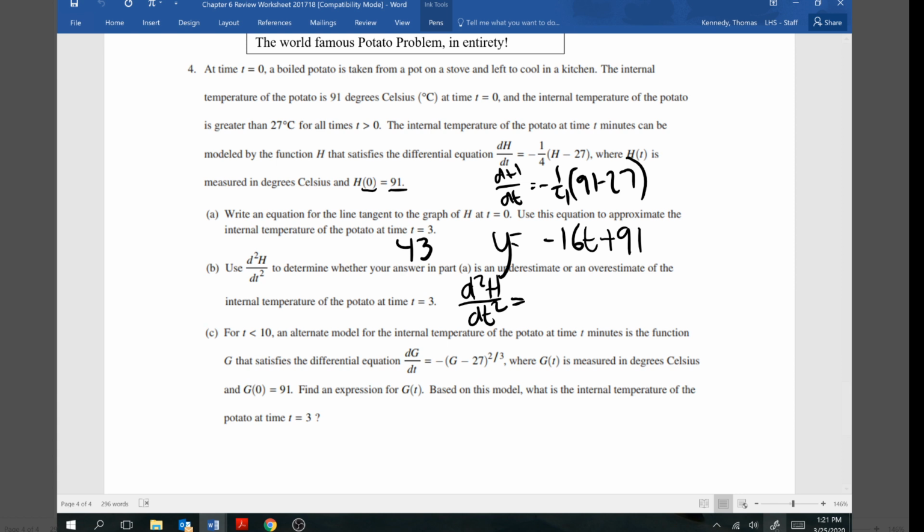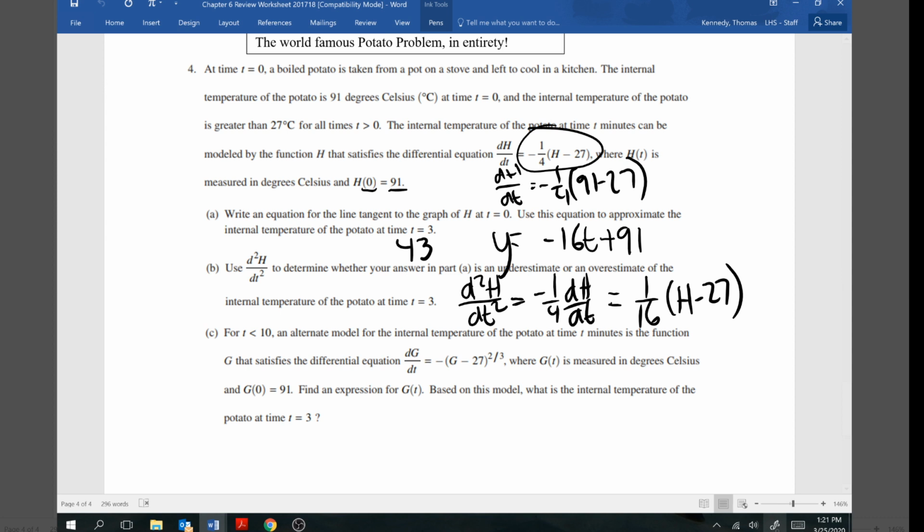The derivative of the right is negative 1/4 dH dt. But dH dt is this thing up here. So I plug that back in, and negative 1/4 times negative 1/4 is positive 1/16 times h minus 27.